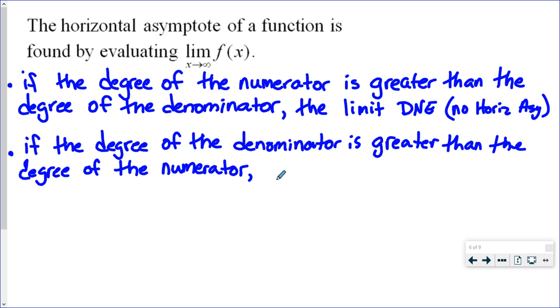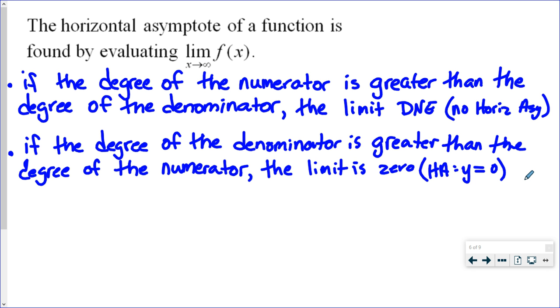Yeah. The limit is 0. All right. And the horizontal asymptote, which I call HAs, is y is equal to 0.